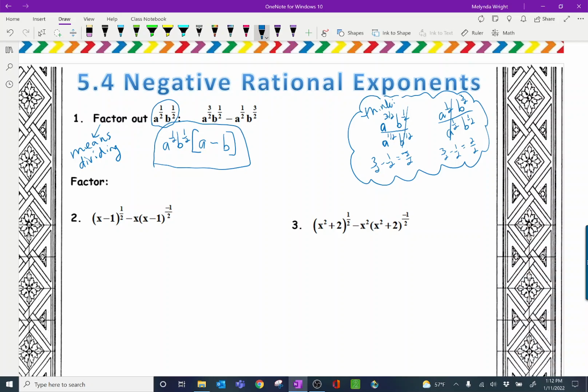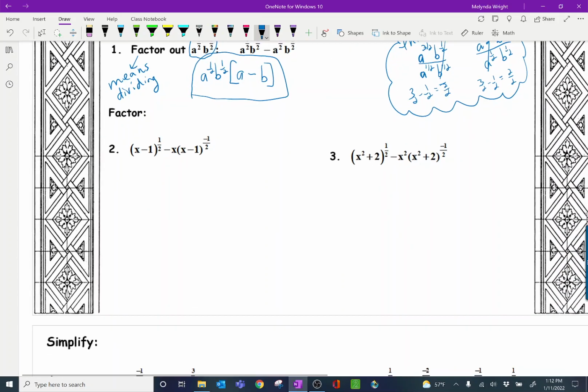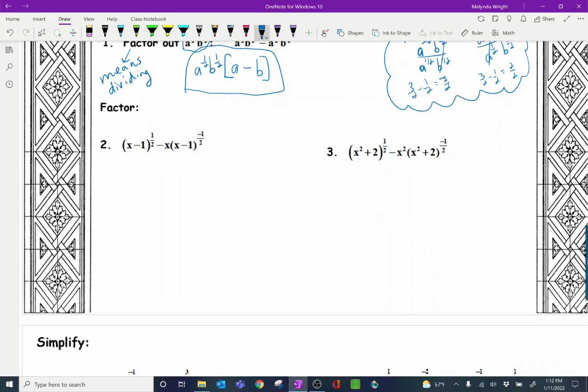So let's take a look at number 2. We are told to factor, and we're thinking, whoa, okay, let's see what we've got. Here's what we're looking for. Number 1, we look for common bases.